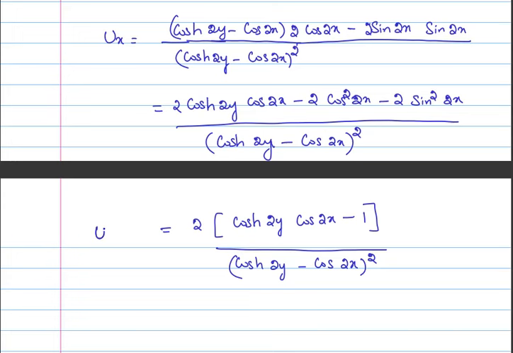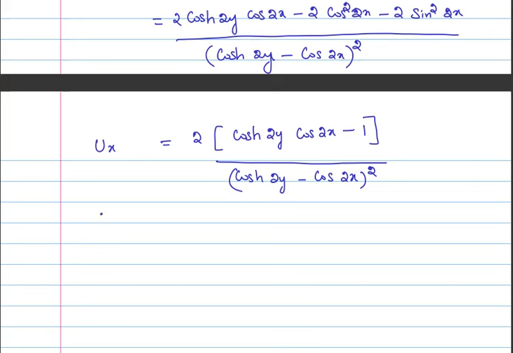This is u_x, equation number 3. Similarly, I have to find the derivative with respect to y. So now I take the partial derivative with respect to y.